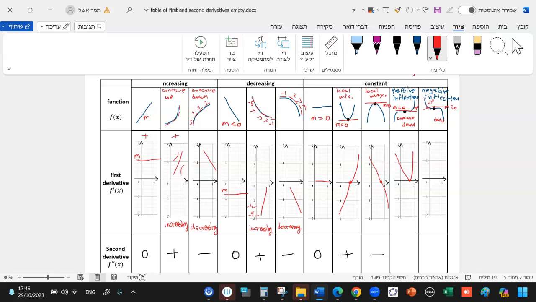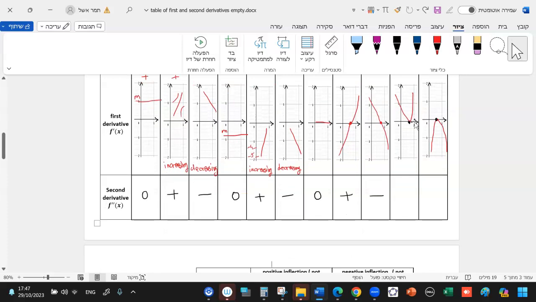For the negative inflection, we have large negative that becomes lower and lower, negative gradient, until it is 0 at the point of inflection. Okay, these are the points of inflection. And after we pass the point of inflection, the gradient becomes larger and larger, negative. This is the first derivative for the point of inflection.